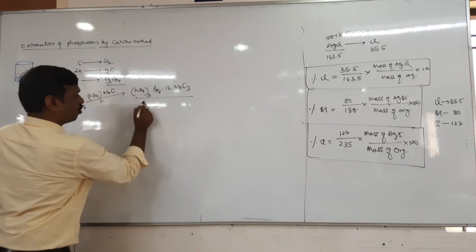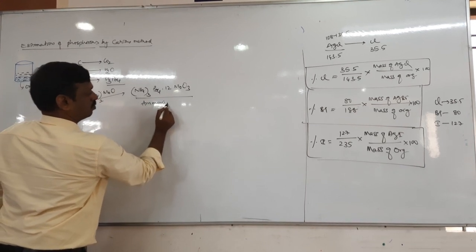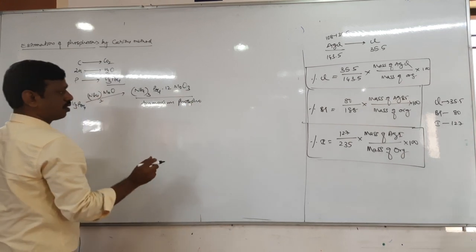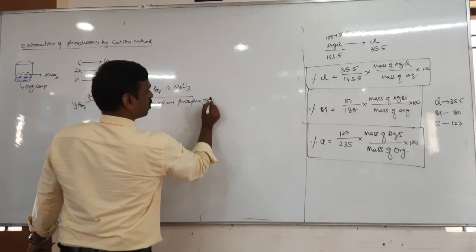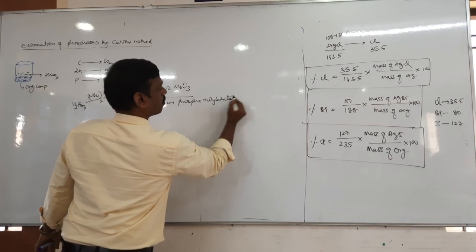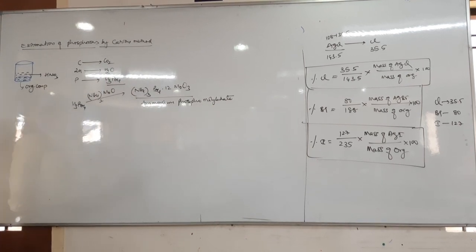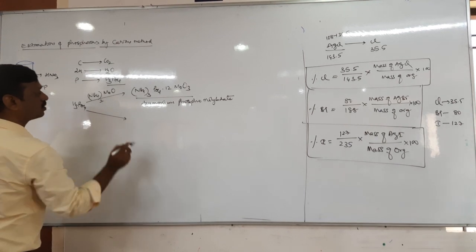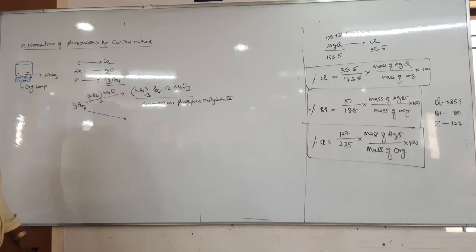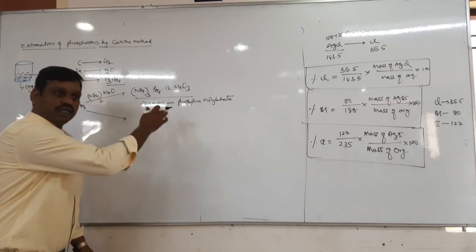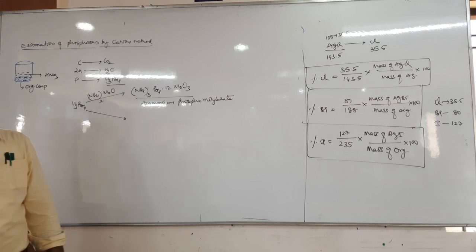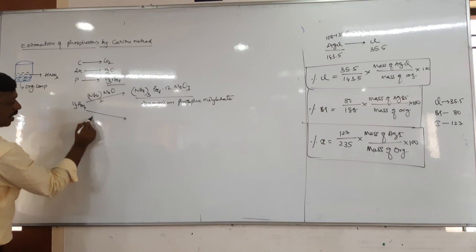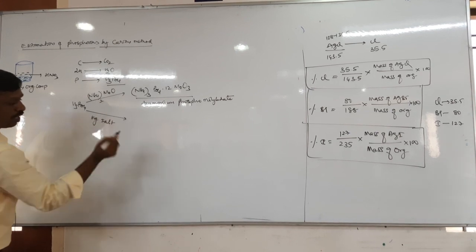This is ammonium phosphomolybdate. Formulas are important, don't change them. So what is the color of the PPT? Yellow PPT. Next, this phosphoric acid is also treated with magnesium salt or pyrosalts.